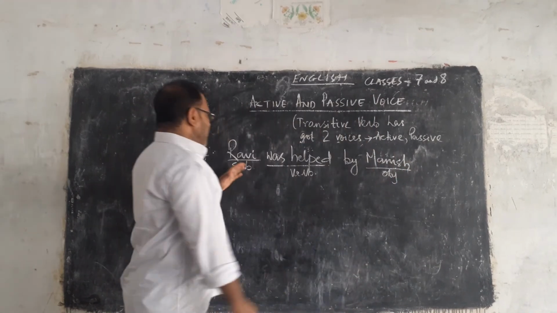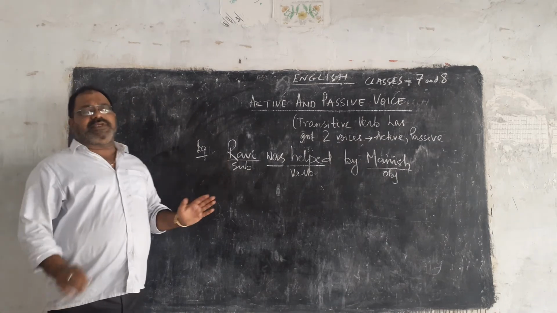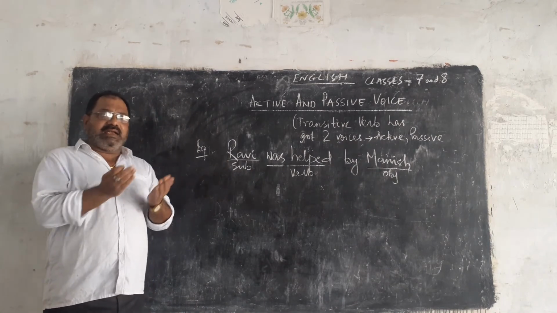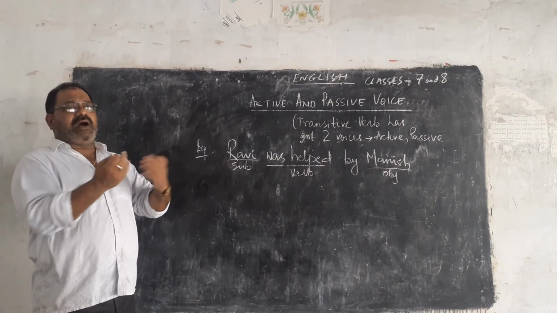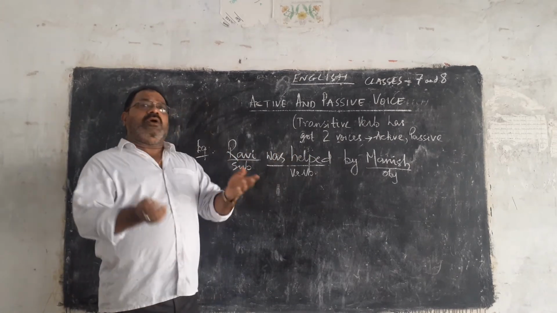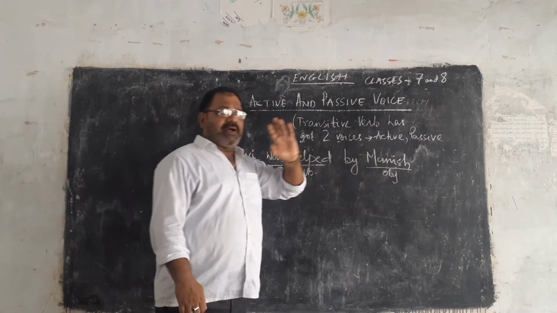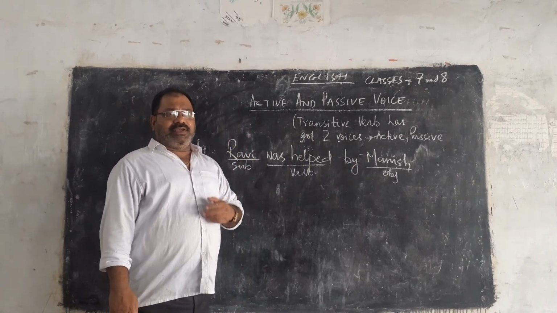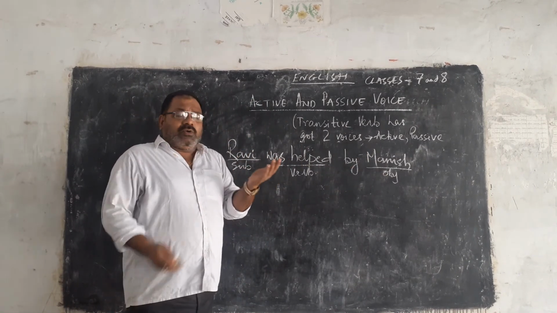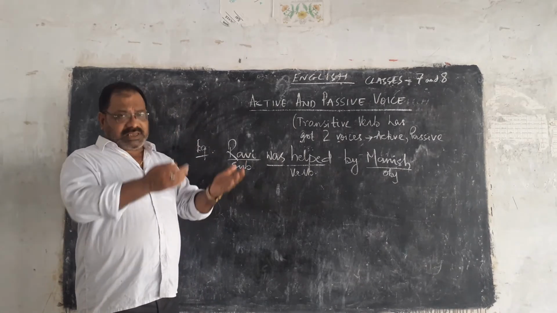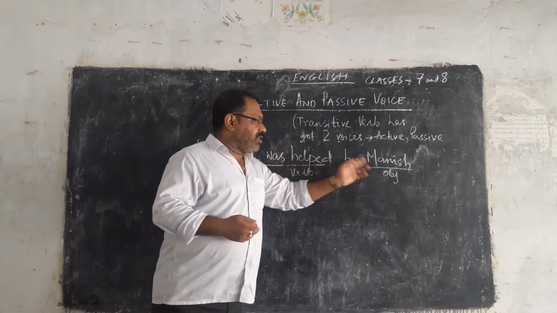Ravi, the subject, is passive, silent. He is receiving the action of Manish. Ravi was helped by Manish. Ravi is not doing anything. Ravi was receiving help from Manish.